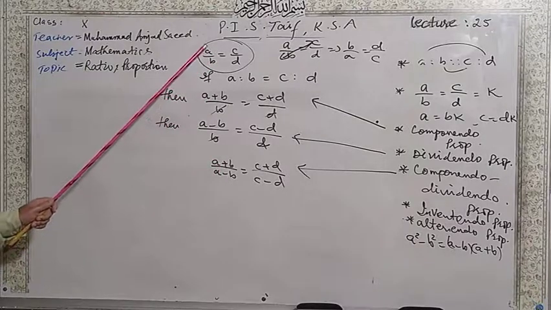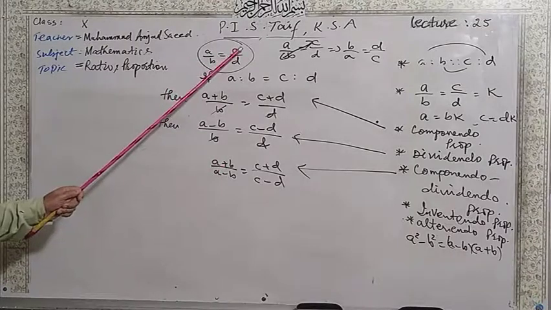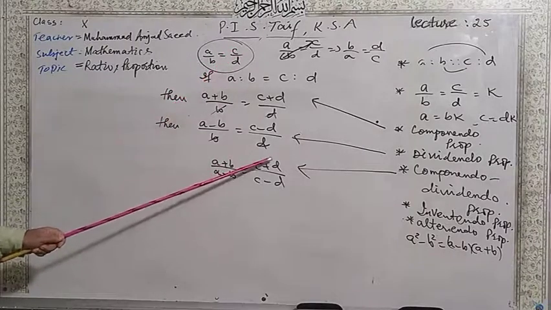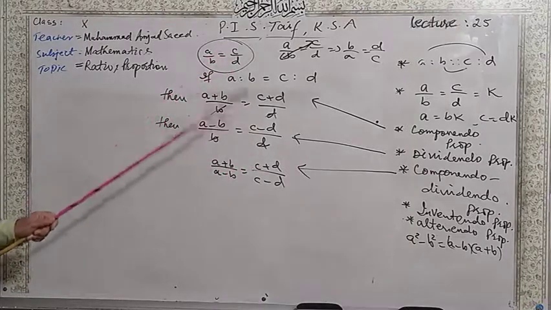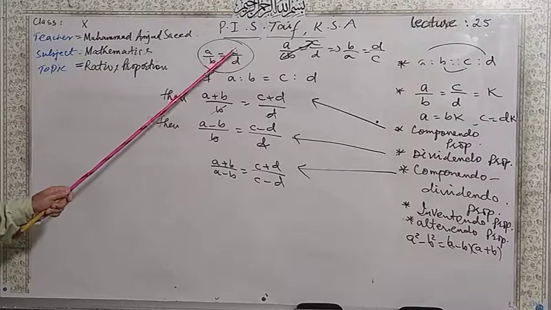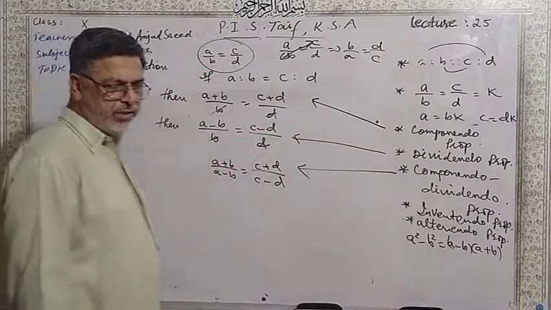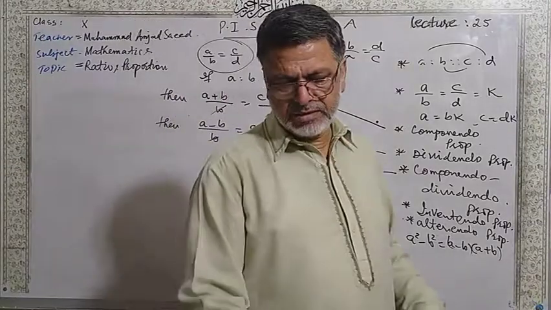A plus B and A minus B. Similarly, on right hand side, C plus D and C minus D. To numerator you add denominator, from numerator you subtract denominator. That is known as componendo and dividendo property.